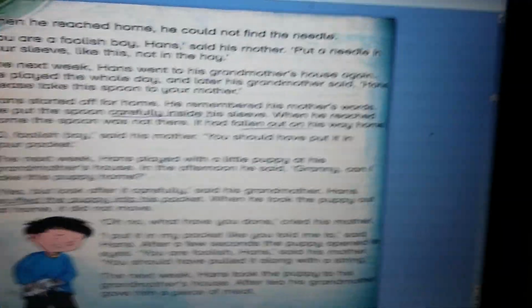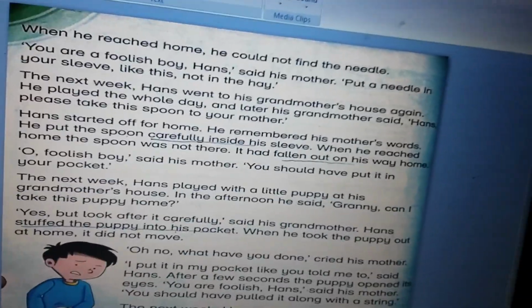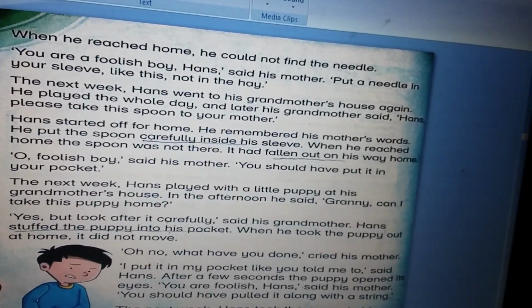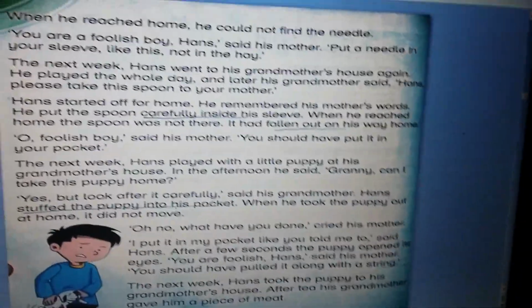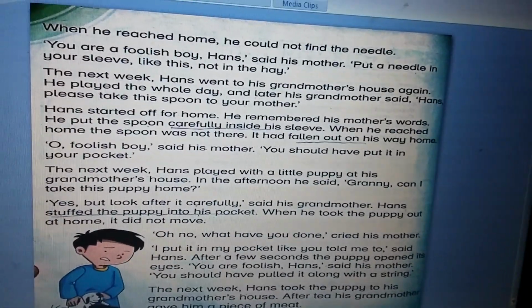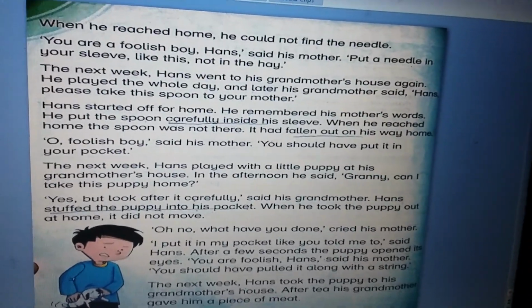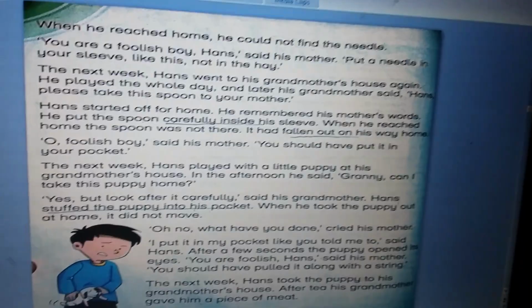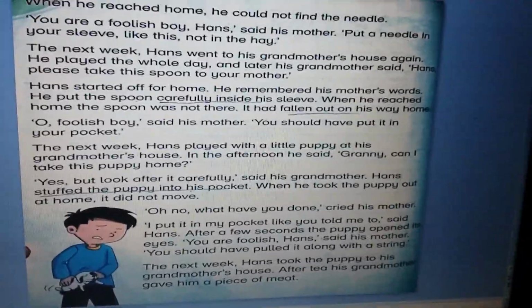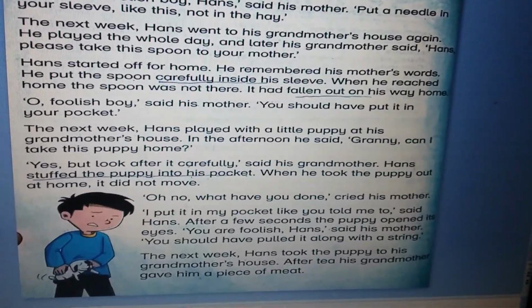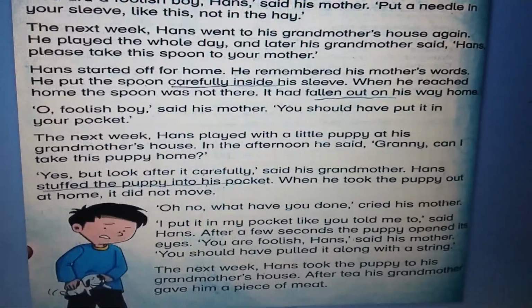What did his grandmother give him first? Needle. Yes, good. And what did his grandmother give him second? Spoon. What did his grandmother give him third? A puppy.